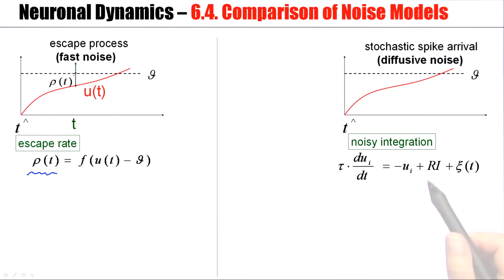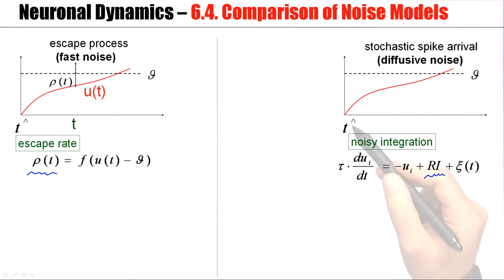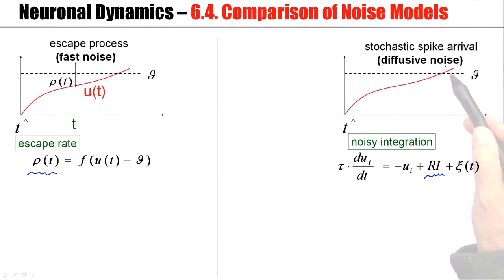Now, in the previous week, we looked at a model describing stochastic spike arrival. If you start with the leaky integrate-and-fire model, there's an input current which has a deterministic part which gives rise to the red trajectory here.